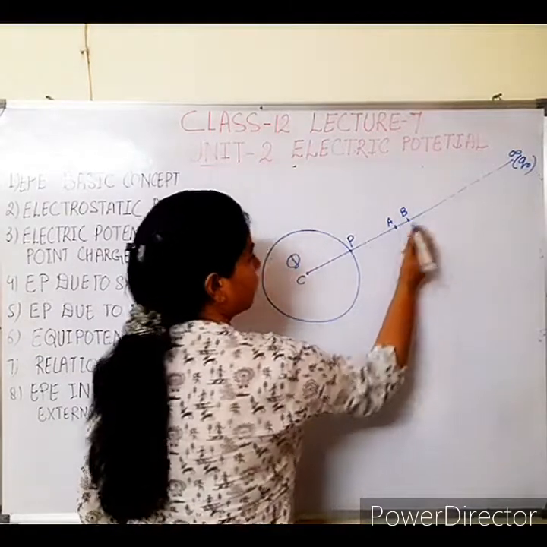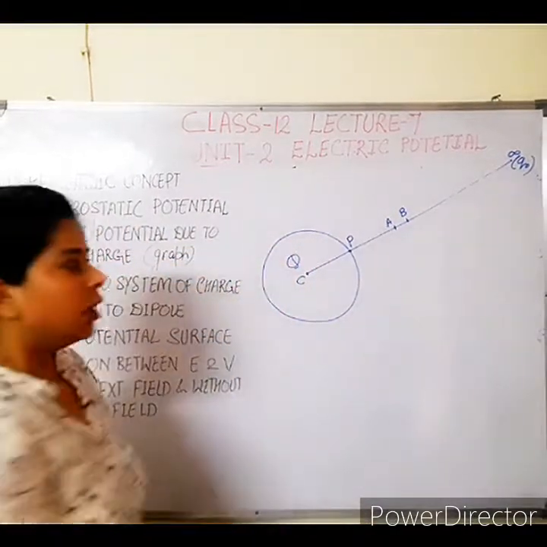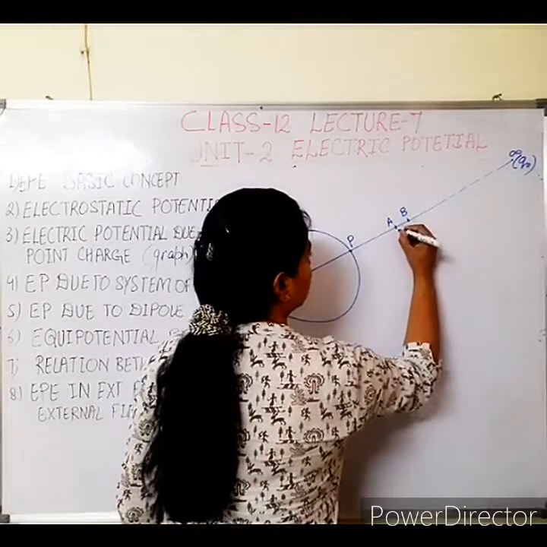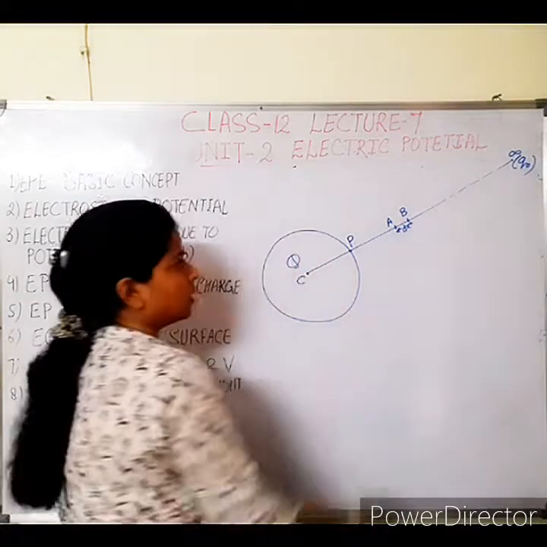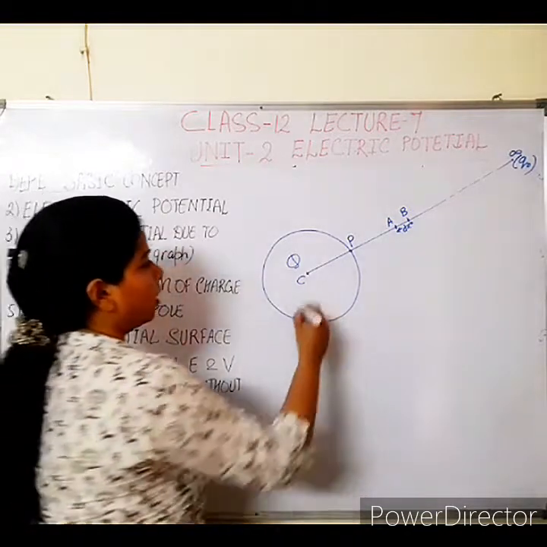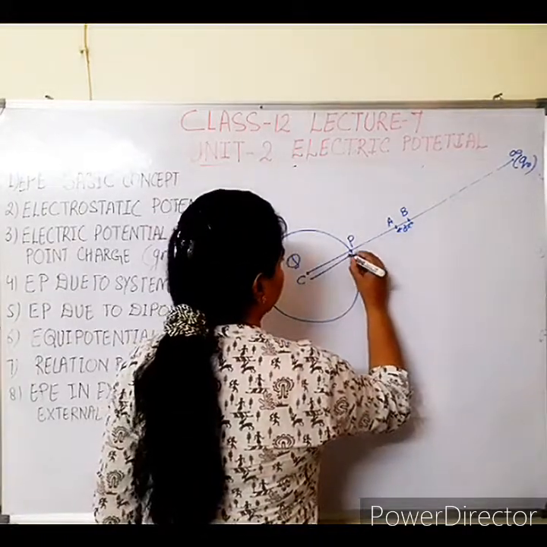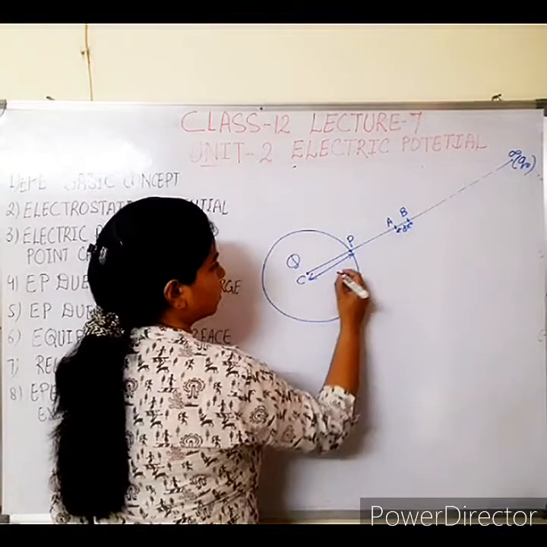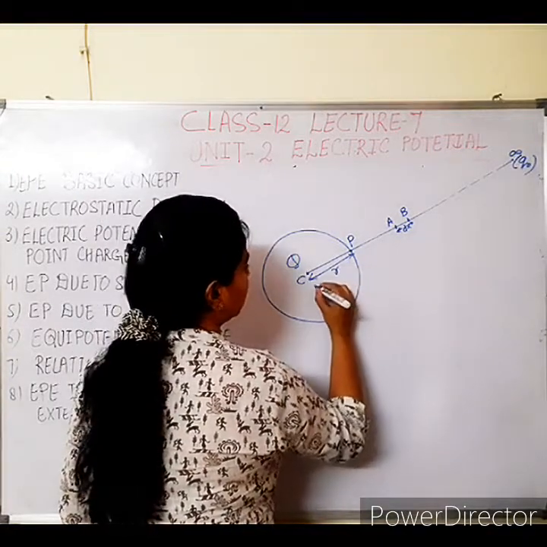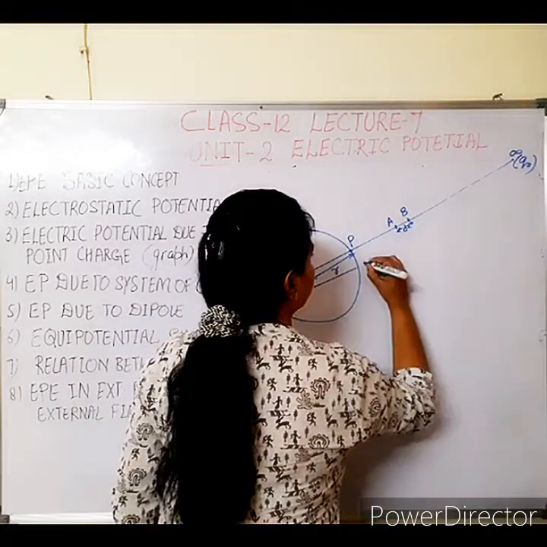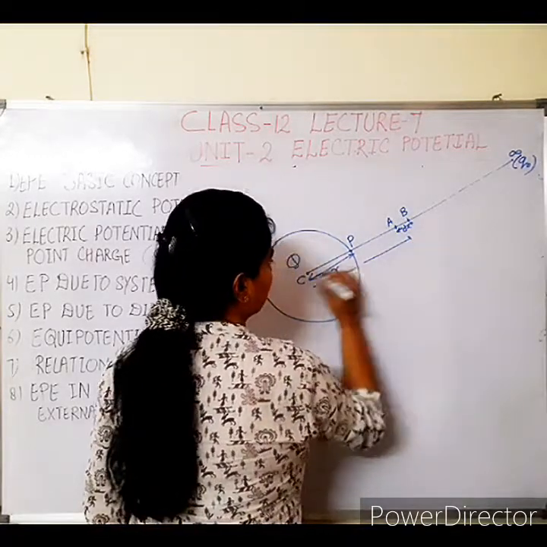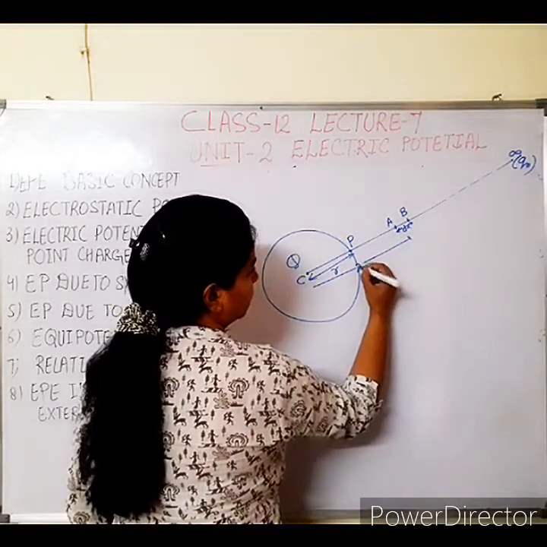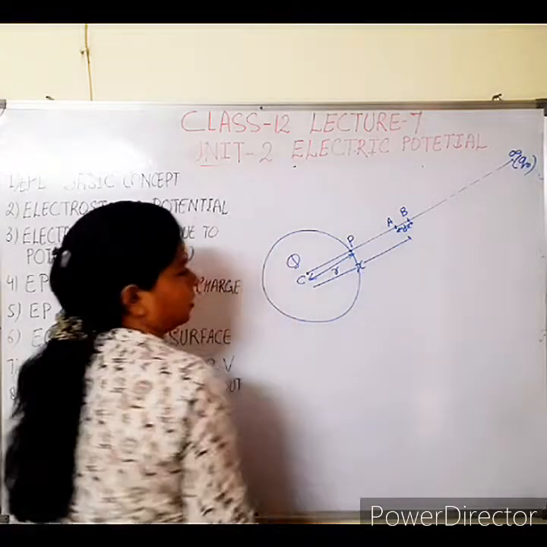The A and B points which we have considered earlier are given here, and they are dx distance apart. The radius of the electric field of the point source charge is r, and the distance of this position AB from the center of this electric field is x.